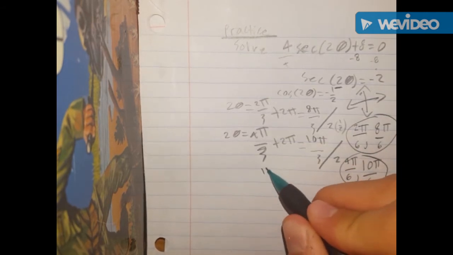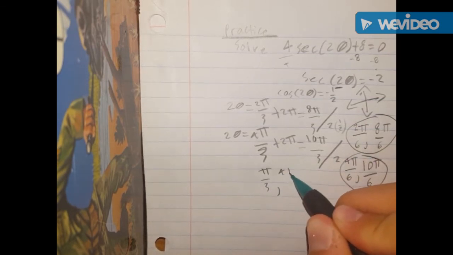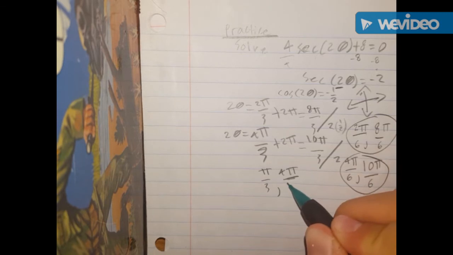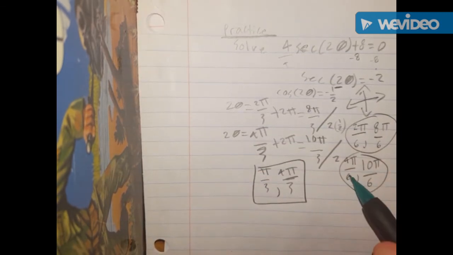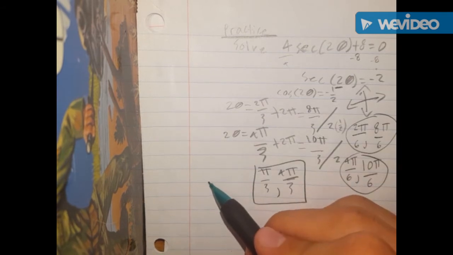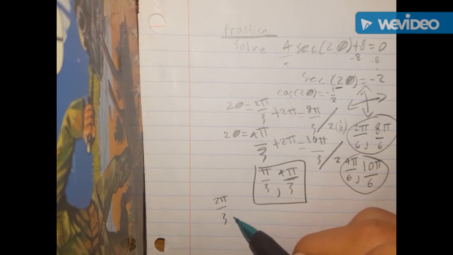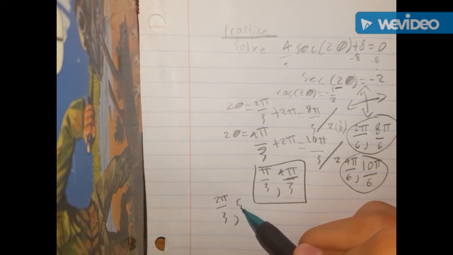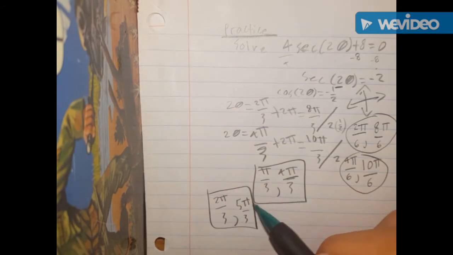So this will equal pi over 3 and 4 pi over 3. And this will equal 2 pi over 3, and this will equal 5 pi over 3. And these are the solutions.